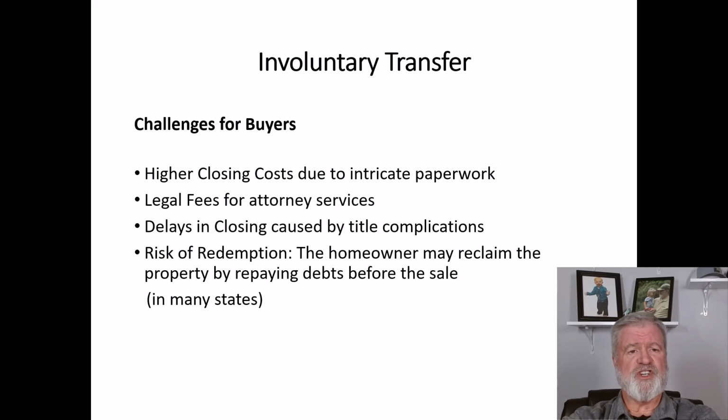But here's some of these challenges for the buyer. Obviously higher closing costs due to intricate paperwork. A lot of documentation. The legal fees, attorney services, there's going to be delays. You can expect that, usually because of all these title complications. But then under this risk of redemption, it says the homeowner may reclaim the property by repaying the debt before the sale.